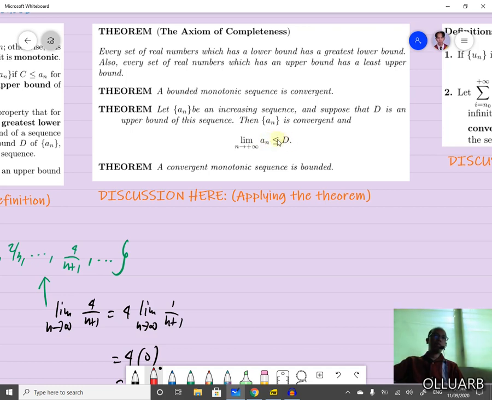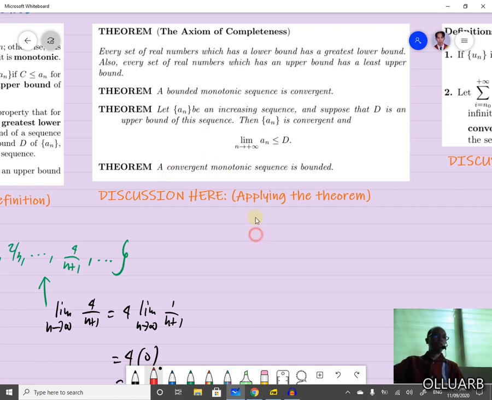That is a very obvious observation. The same is true for a decreasing sequence with a lower bound, which will be denoted by C, and this one will be reversed.